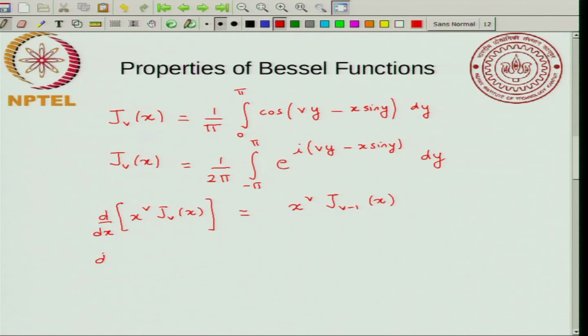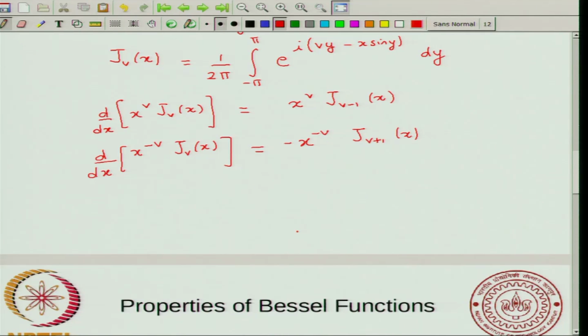On the other hand, if I take a derivative of x raised to minus v Jv of x, then I get minus x raised to minus v J(v plus 1) of x, okay. So these are again interesting properties regarding derivatives of x raised to v times a Bessel function.